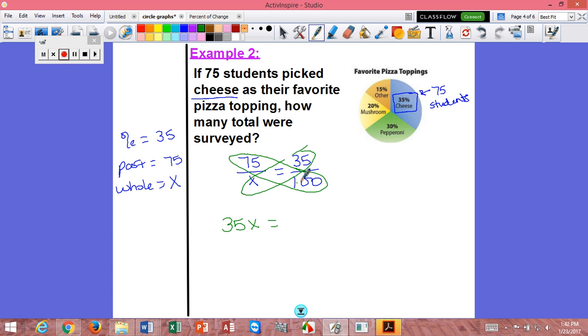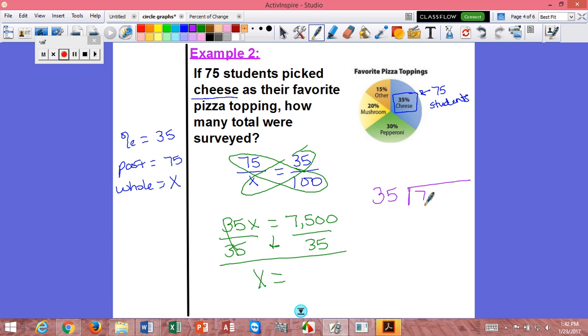75 times 100 would be 7,500. And I need to isolate the variable, so I want to divide by 35 on each side. And I'm going to come set that up over here. All right, 35 cannot go into 7. But it can go into 75 2 times.